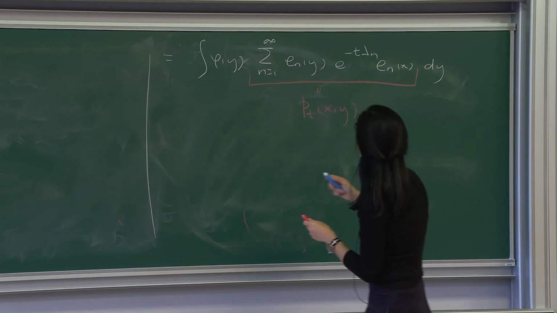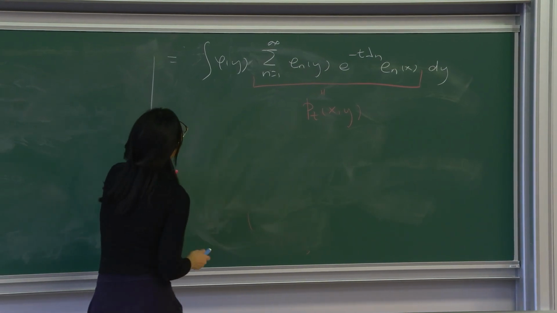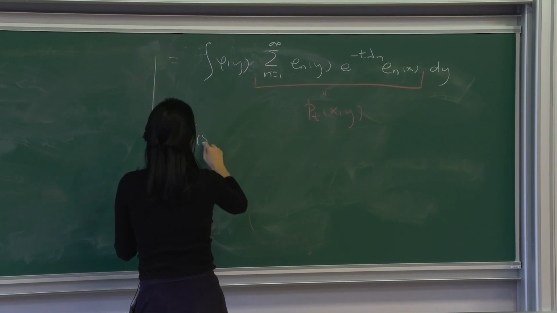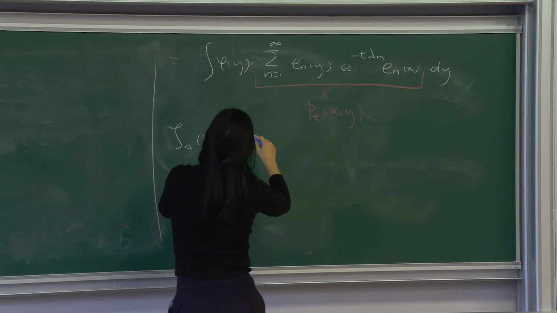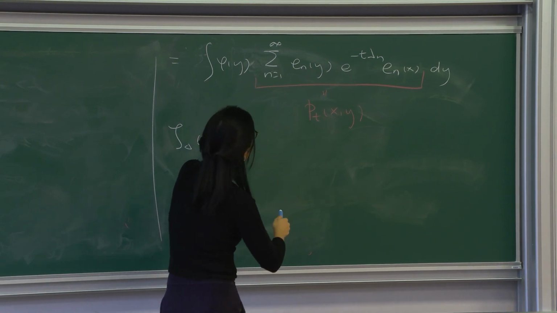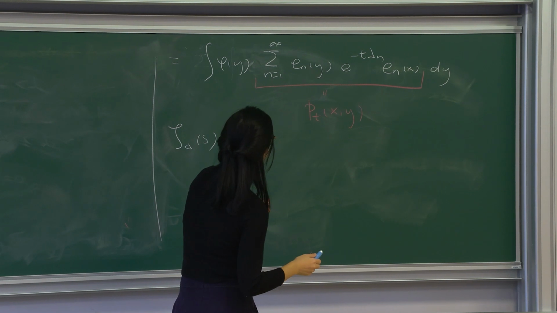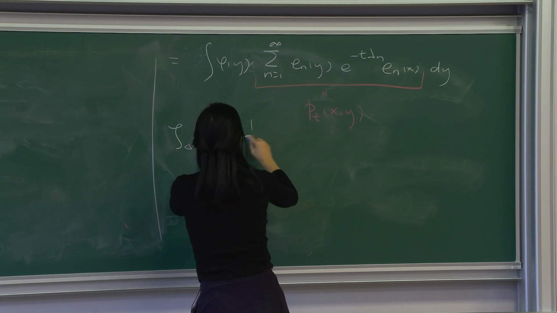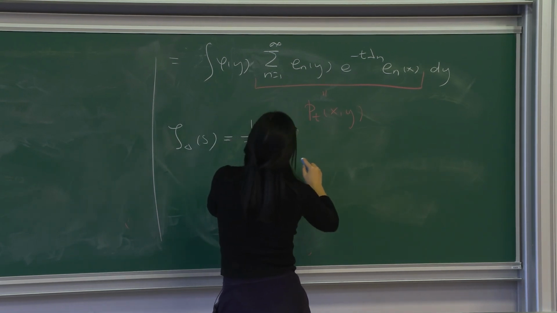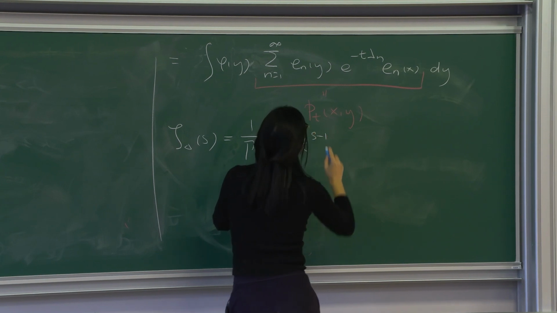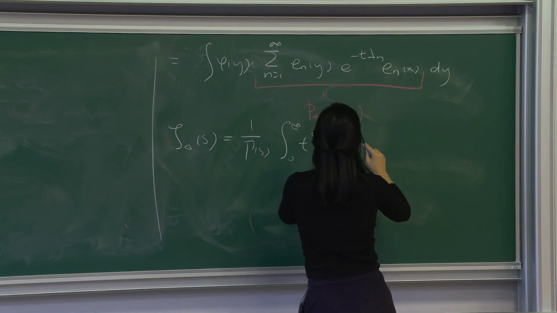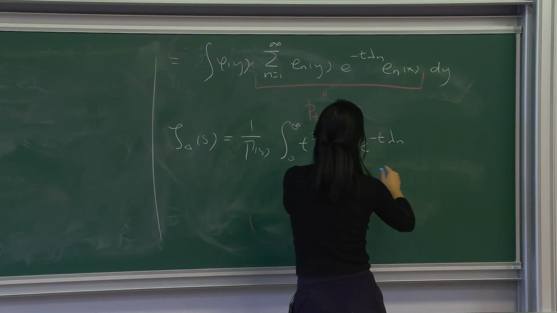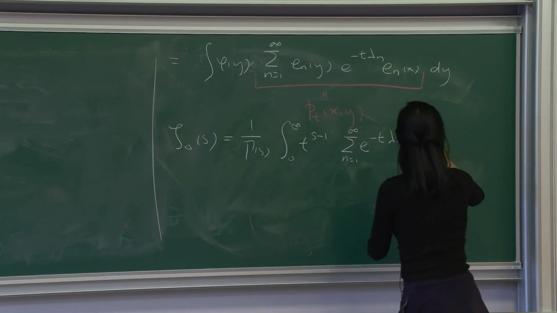Okay, so now if I do the following, the zeta function of the Laplacian at s is equal to 1 over gamma of s, the integral from 0 to infinity of t to the power s minus 1, the sum of exponential of minus t lambda_n, dt.